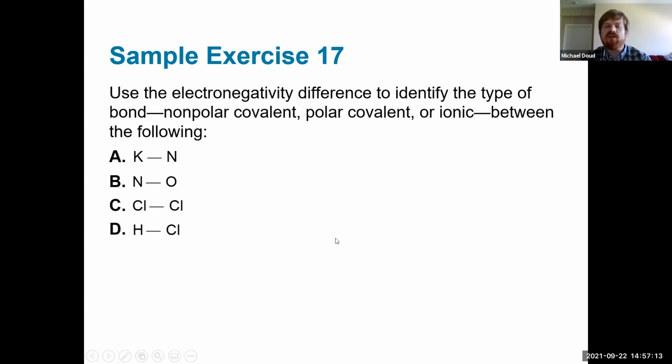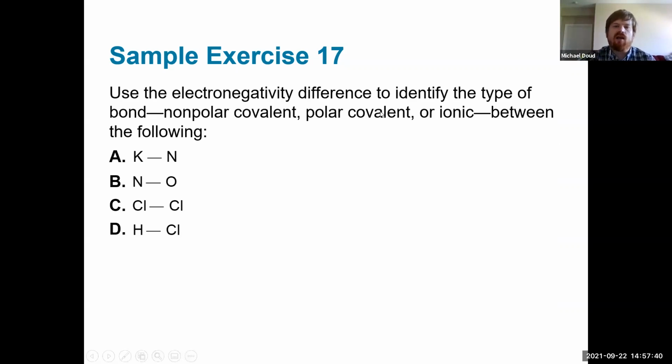So we already talked about a couple of these if you were paying attention, so that saves you a little bit of time right off the bat. But if not, please pause the video now. You can look in your book, or if you have the lecture slides, look a couple slides back. We have the electronegativity chart there that you can use to determine it. Otherwise, pause the video, give me the type of bond that forms here, and then we'll talk about it more when we come back. Pause.